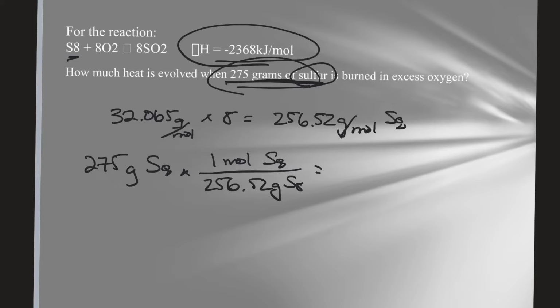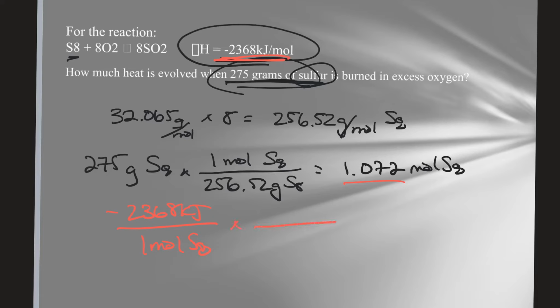When you plug this into the calculator, you have 1.072 moles of S8. Now that's how we know how many moles of S8 we have. Then we can go back and figure out how much energy is created with this many moles of S8. We have negative 2,368 kilojoules for every 1 mole of S8.